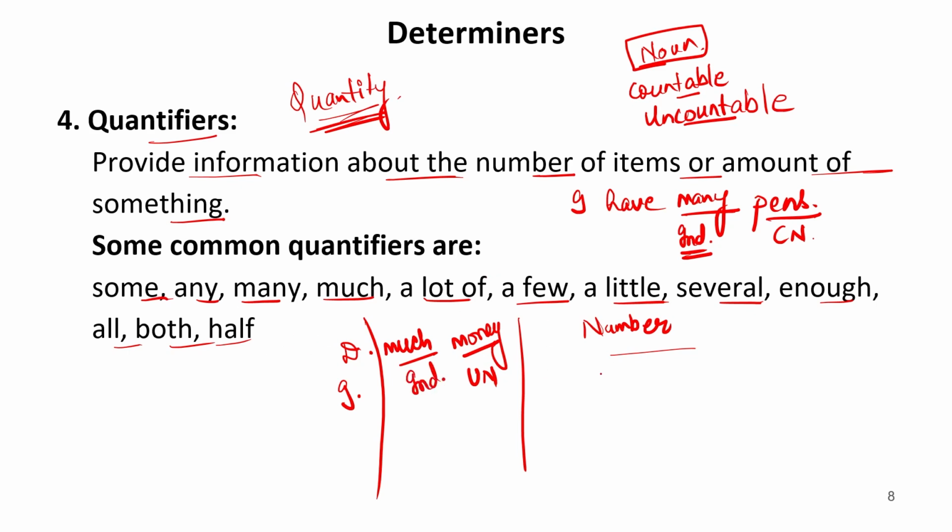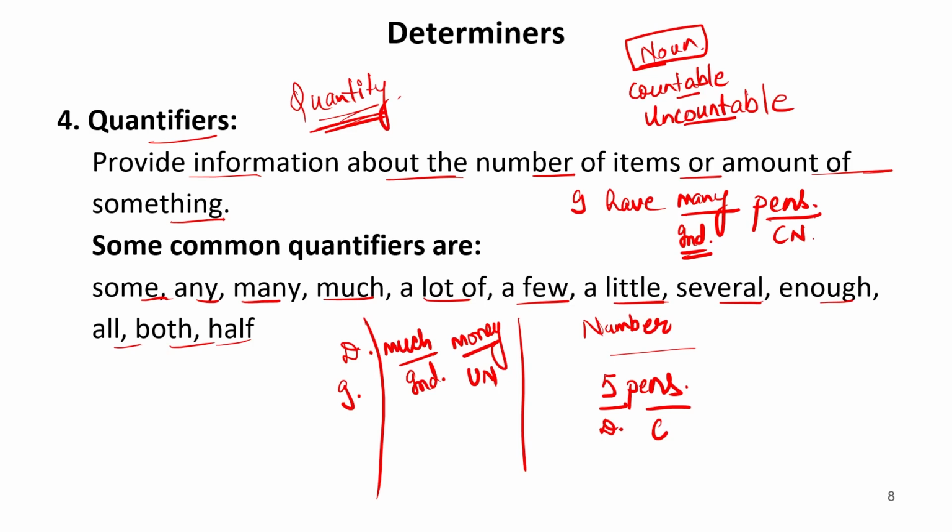But if I say I have 5 pens, now here 5 pens are countable, and these are 5. So these are definite. We know definitely how many pens we are talking about. We are talking about 5 pens. It means these are definite. And this is the difference between definite and indefinite. There is a difference between countable and uncountable.